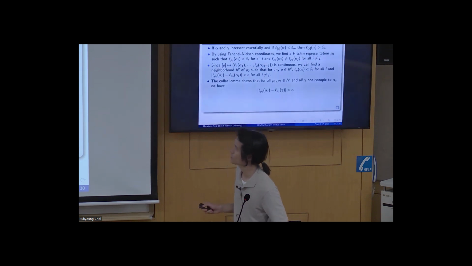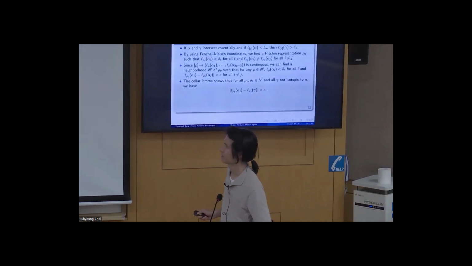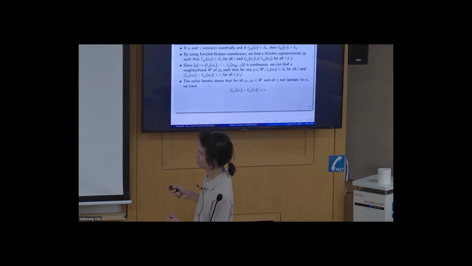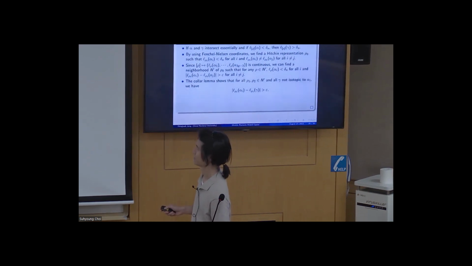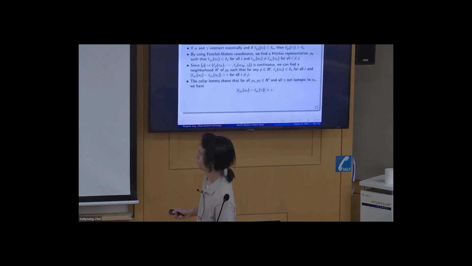And then our first observation tells you that if you pick any two representations from N prime, and you pick any gamma not isotopic to alpha i, then this must be the case, because either gamma is isotopic to another alpha j, then because we make N prime to have this property, even though we put alpha j here, we still have this inequality.